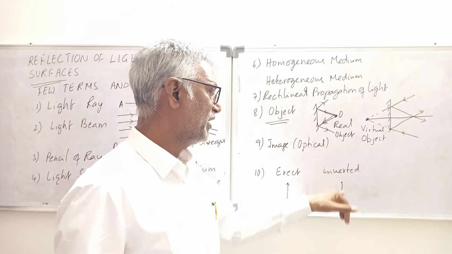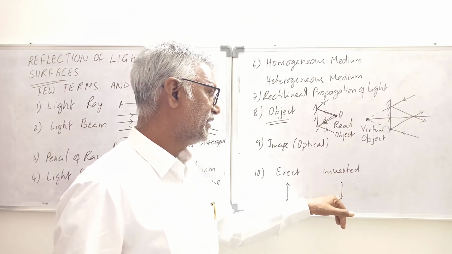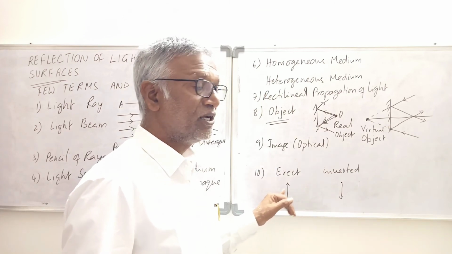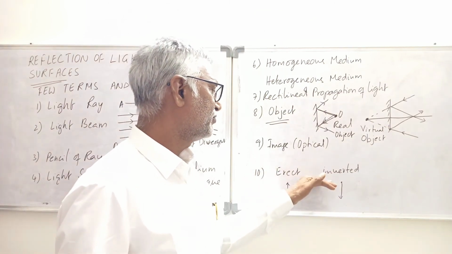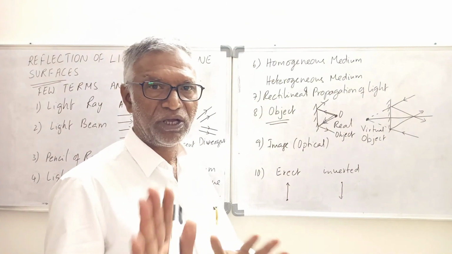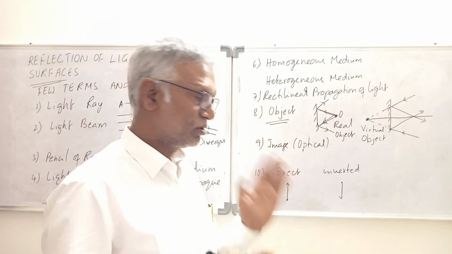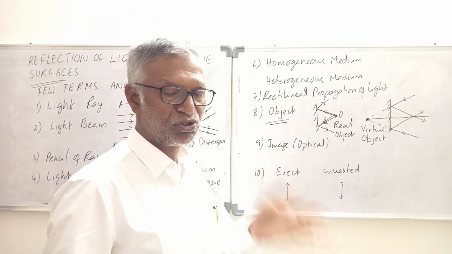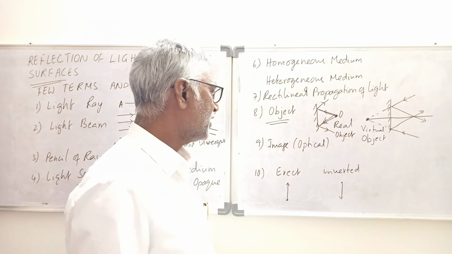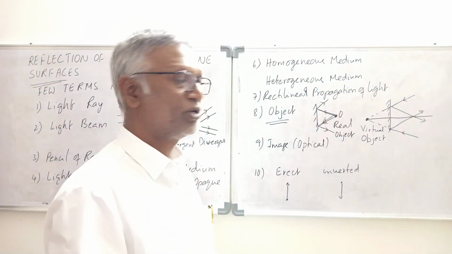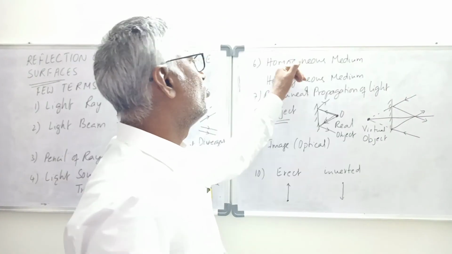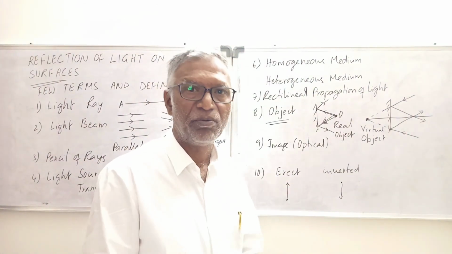Here the tail is at the top and the head is at the bottom, then it is known as inverted. This is erect. When we are dealing with erect and inverted, the mirror will always be in the vertical position, not horizontal. Just remember this. These are the important terms for us. So generally we will be dealing with the transparent and homogeneous medium in geometrical optics.